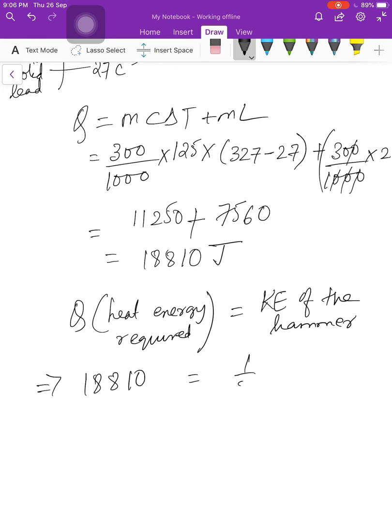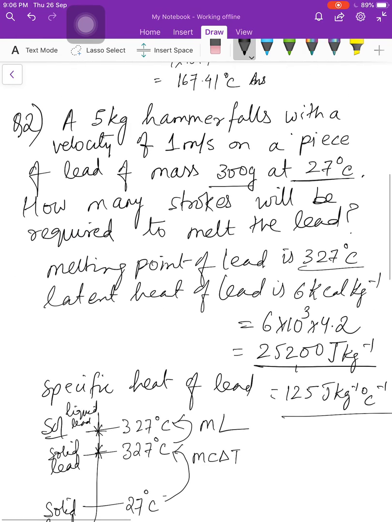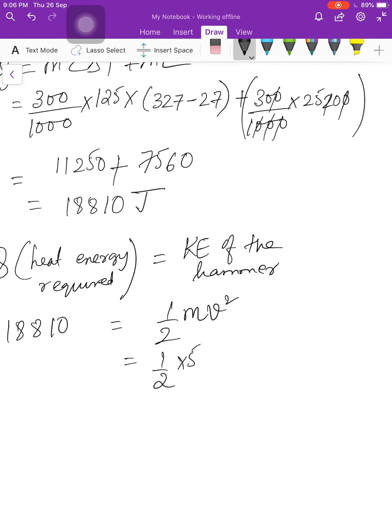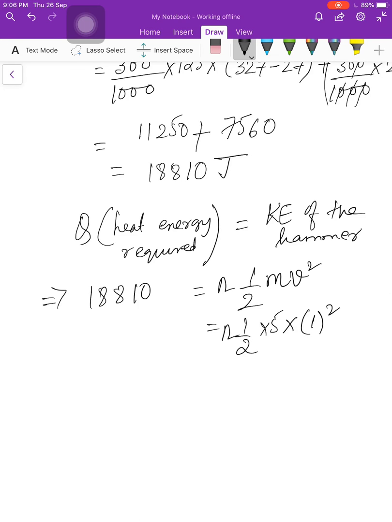Kinetic energy of hammer is half mass of hammer into velocity of hammer squared. So half, let us check the mass of hammer. The mass of hammer is 5 kg. So 5, and velocity of hammer is 1 square. Now this is the kinetic energy in one stroke. Let there be n number of strokes provided by the hammer. So here I got my equation.